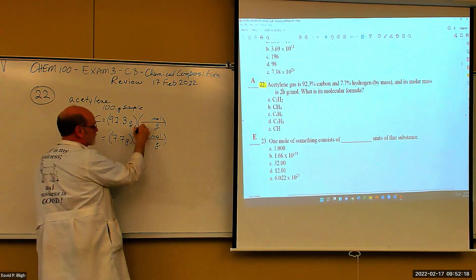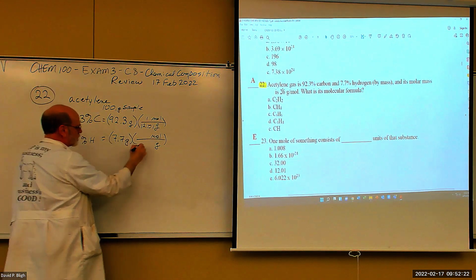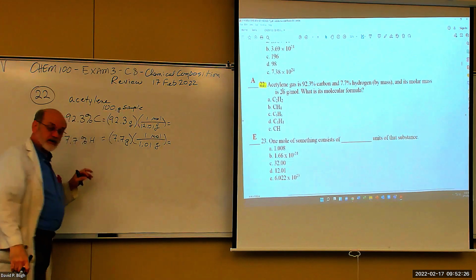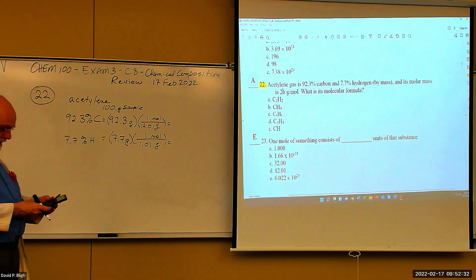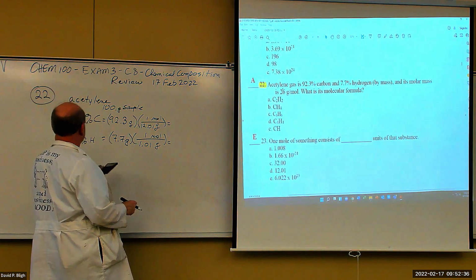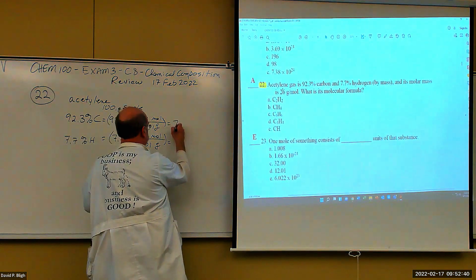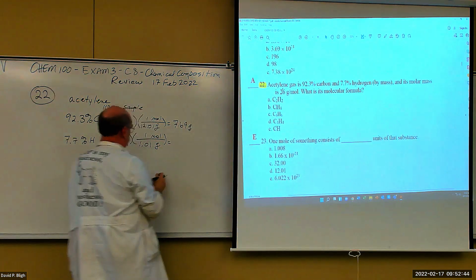So carbon is going to be 12.01, hydrogen is going to be 1.01, and that'll give us the mole ratio of each one. 92.3 divided by 12.01 is 7.69 moles of carbon.